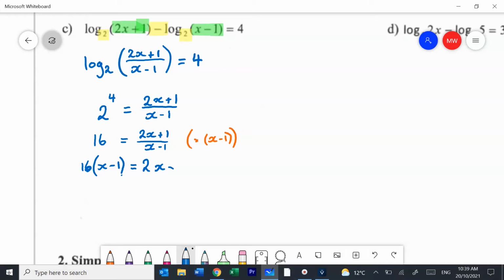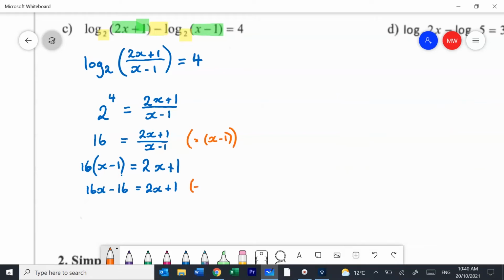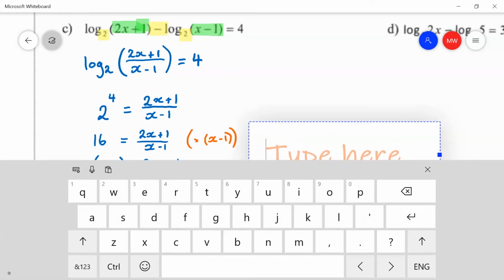Okay, expand, and then we'll just shift all our x's left and shift all our numbers right. So now we've got 16x's minus 16 equals 2x's plus 1. And we'll start shuffling everything around. Let's take 2x's from both sides. We'll get left with 14x's minus 16, and on this side we'll get left with 1.